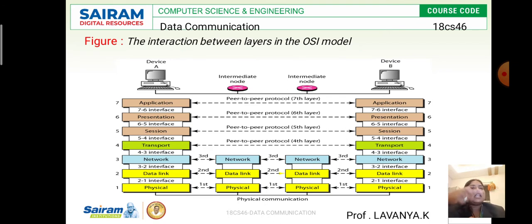At the same time, the sender and receiver can simultaneously send the data or send the request. The sender sends the data to the receiver, and immediately, within a fraction of a second, the receiver also sends the acknowledgement back to the sender. So this is the full duplex method.